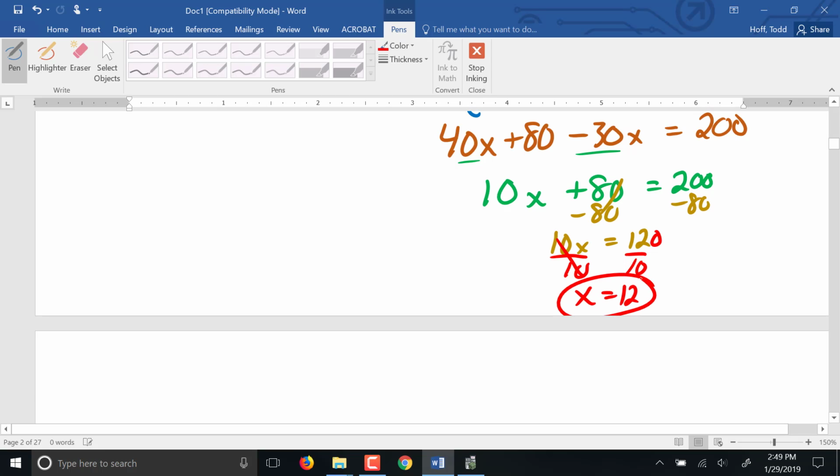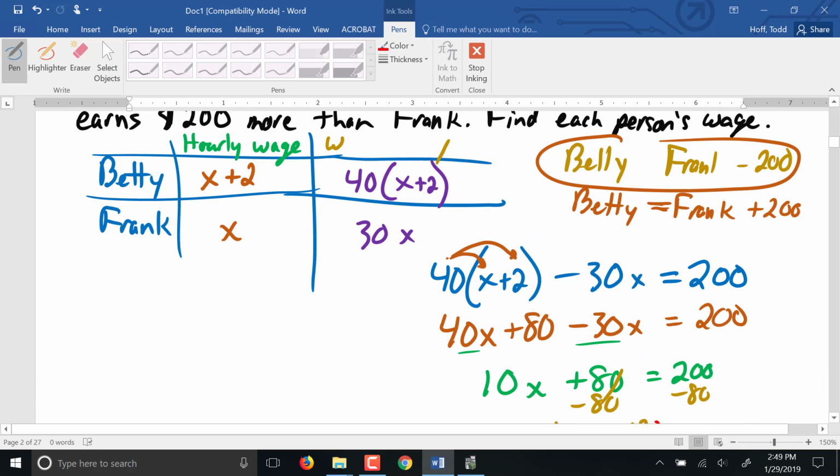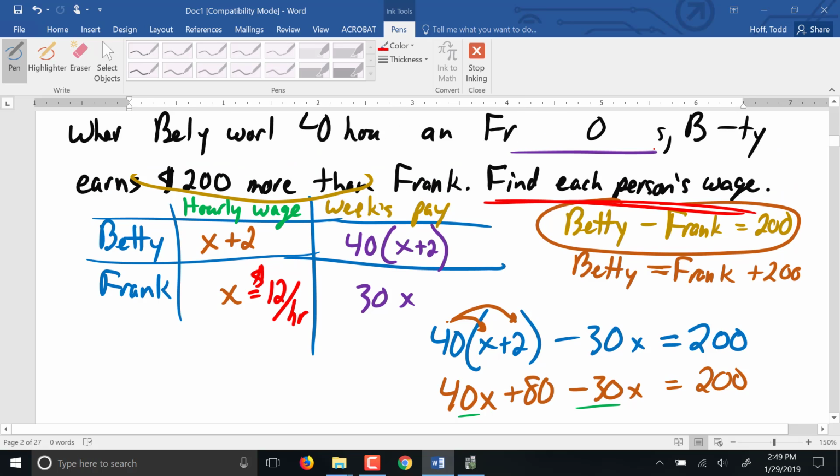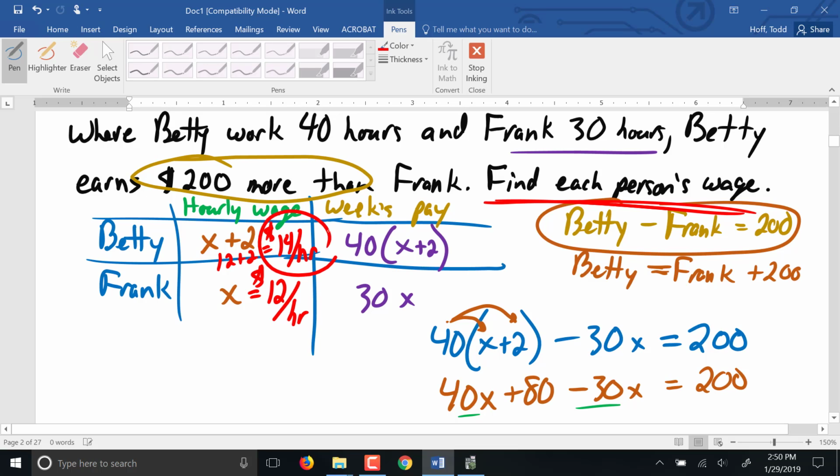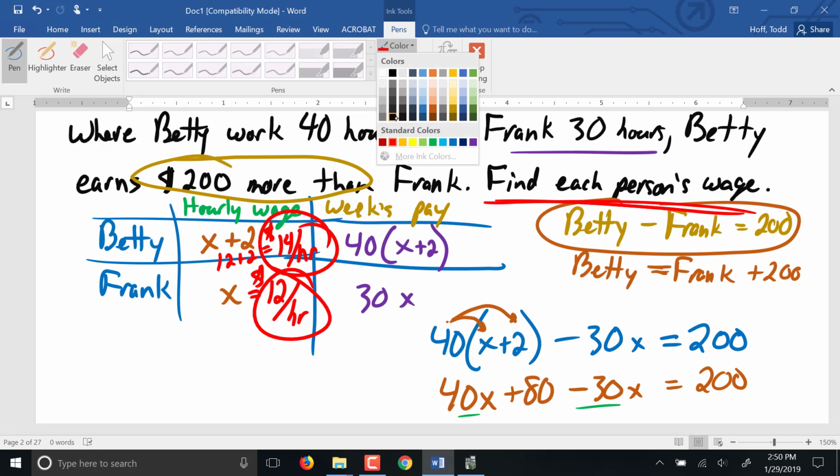So X is $12 per hour. Well, X was Frank's pay, so Frank is $12 per hour. We wanted to find each person's pay there. So Betty's is 12 plus 2, which is $14 per hour. So we found there each person's wage.